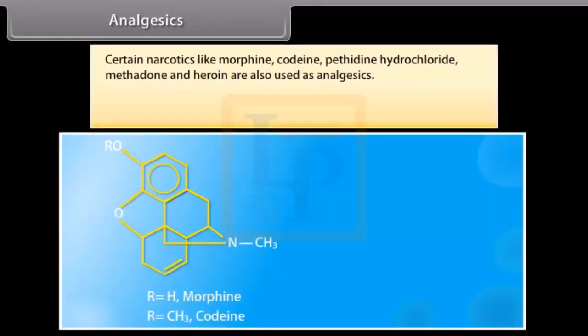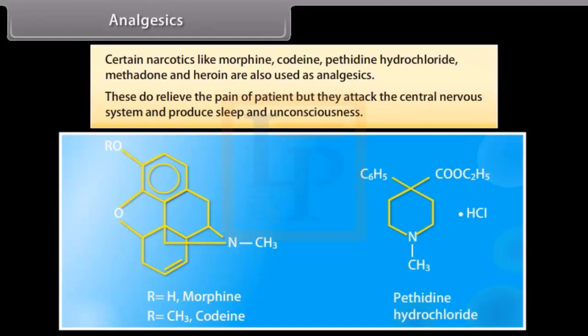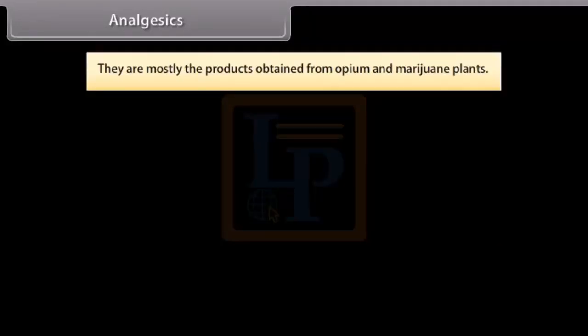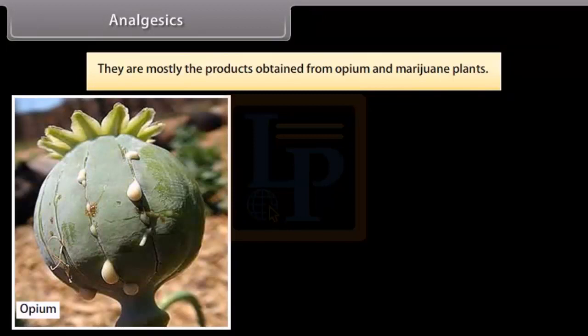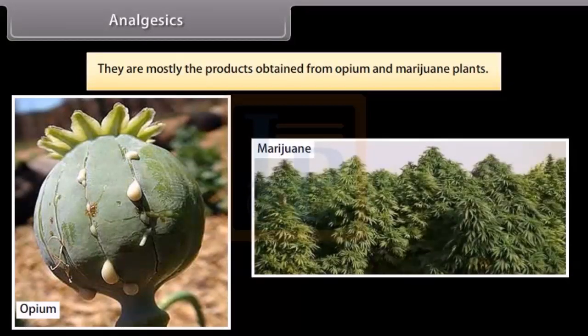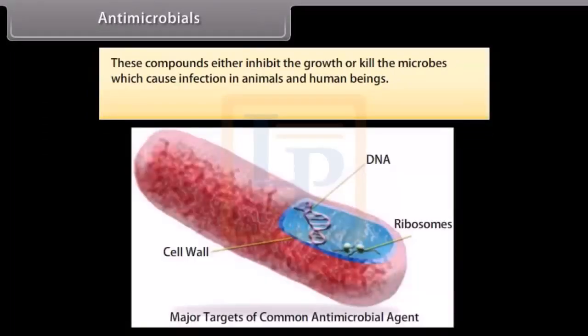Certain narcotics like morphine, codeine, pethidine hydrochloride, methadone, and heroin are also used as analgesics. These do relieve the pain of patient, but they attack the central nervous system and produce sleep and unconsciousness. They are mostly the products obtained from opium and marijuana plants. Antimicrobials. These compounds either inhibit the growth or kill the microbes which cause infection in animals and human beings.